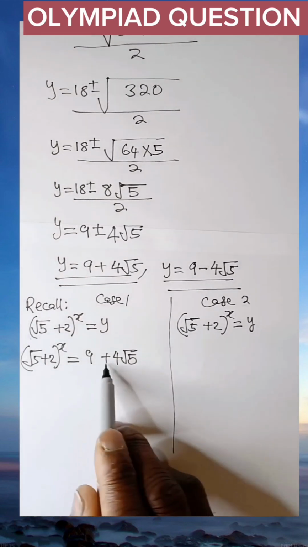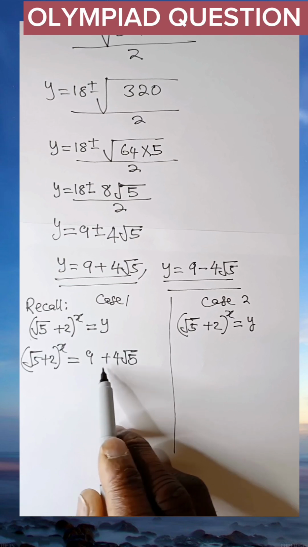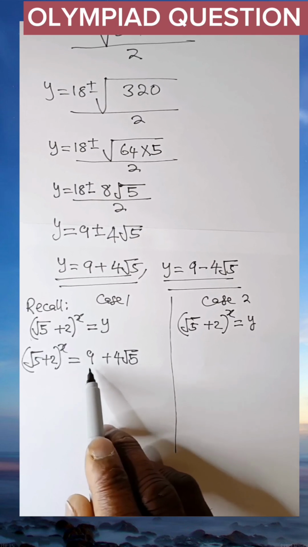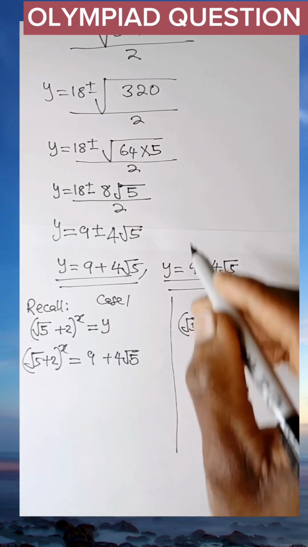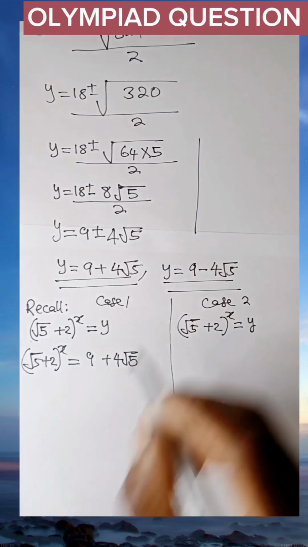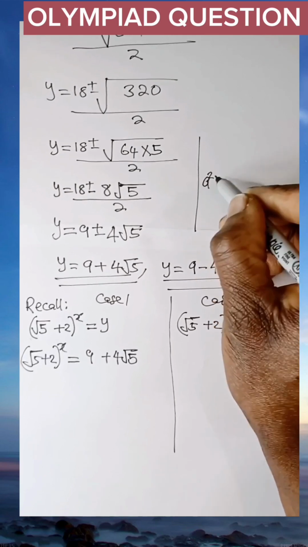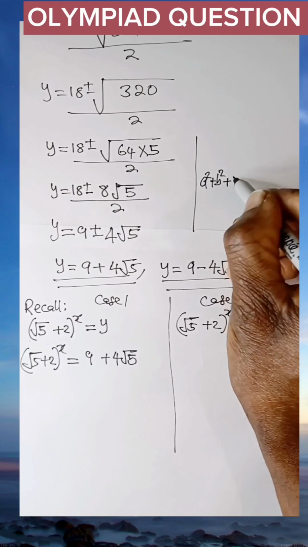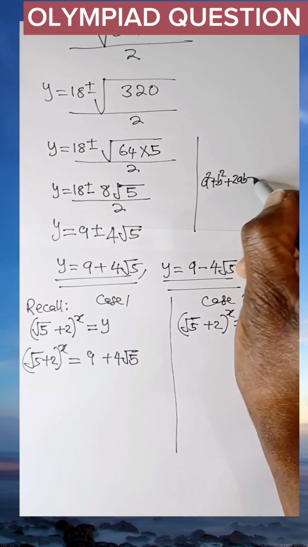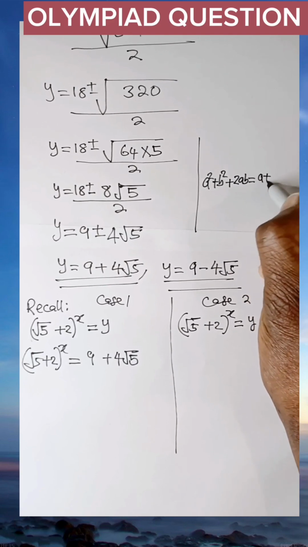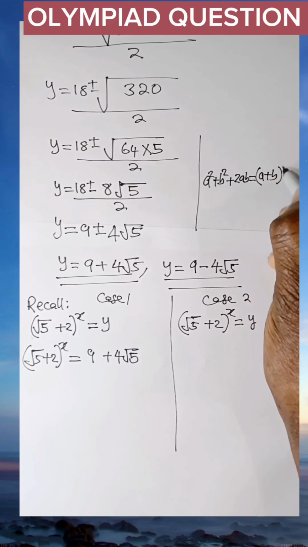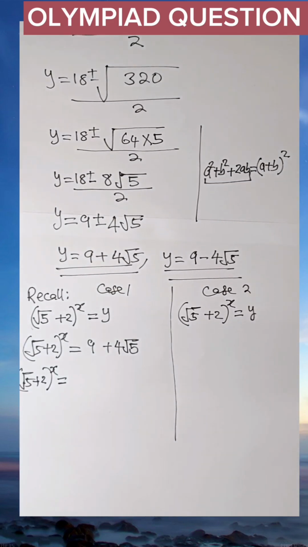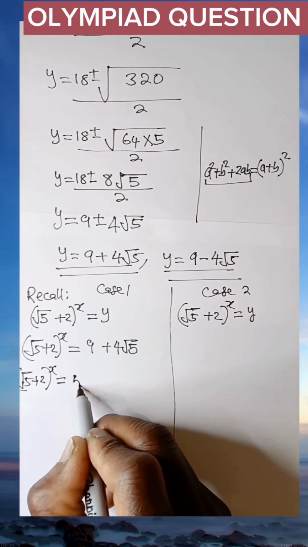On the right hand side of this equation, we are going to generate an algebraic identity from this expression. a squared plus b squared plus 2ab is equal to (a plus b) squared. We can write this 9 as 5 plus 4.